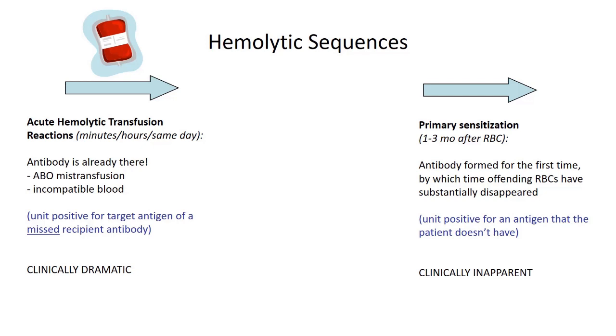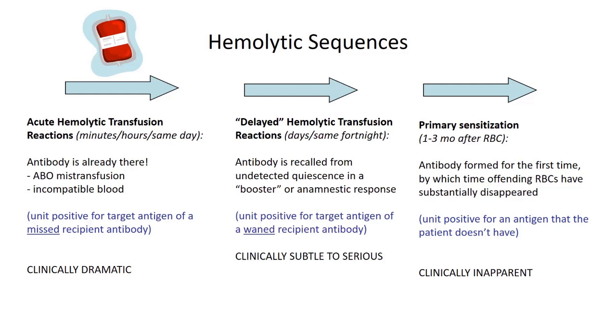Delayed relative to the archetype of acute hemolytic transfusion presentations, but not delayed in the sense of the speed with which reactivation occurs compared to the original primary event. This is where the antibody is recalled from undetected quiescence or evanescence. This is about a booster or an anamnestic response. Anamnesis, meaning the opposite of forgetting, a fancy term for the immune system's memory.